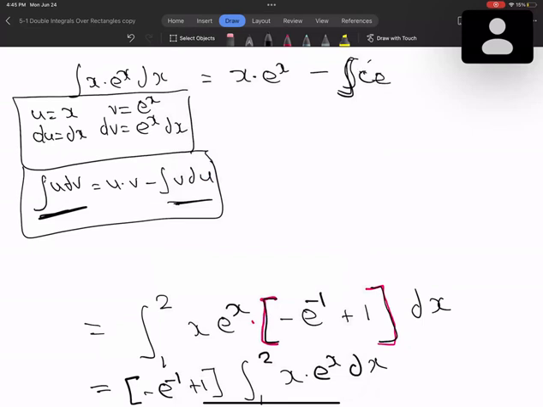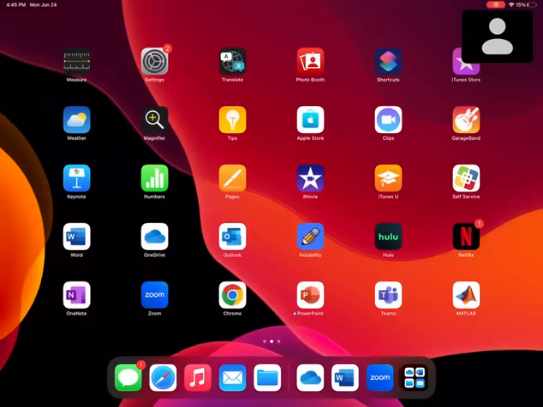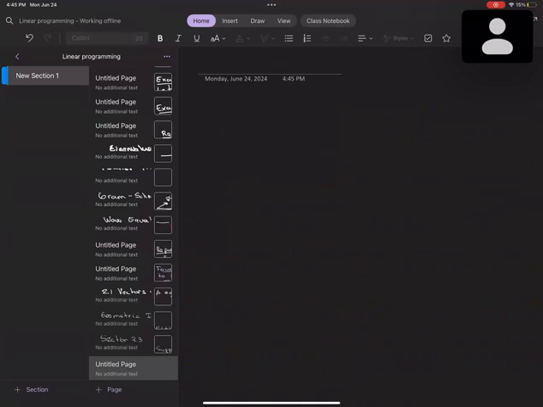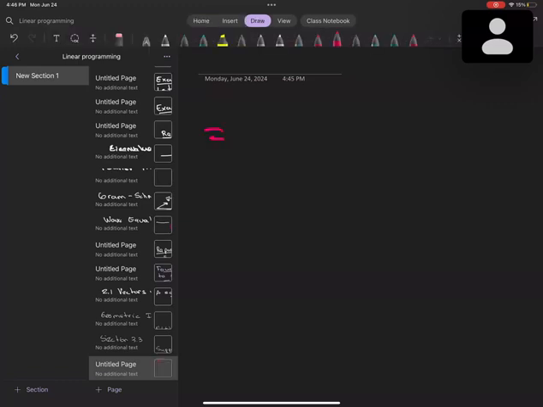Follow me. Okay, let me do it in this one here. So I was doing, okay, so it goes like this. I have 1 minus e to the minus 1, integral between 1 and 2 of x e to the x, right?